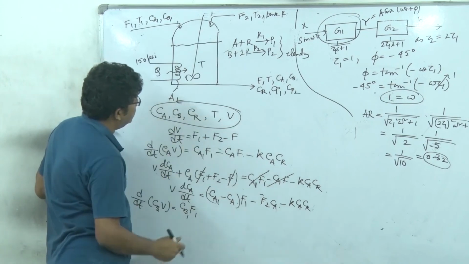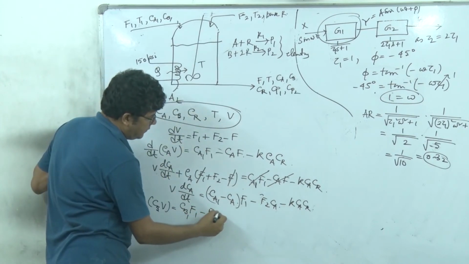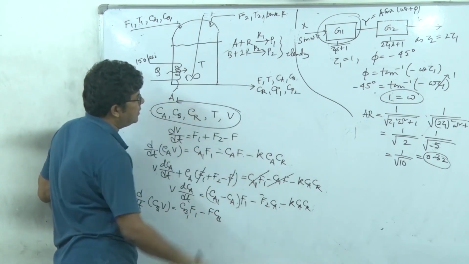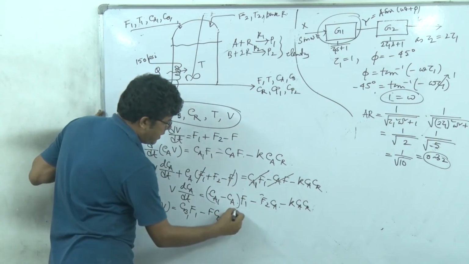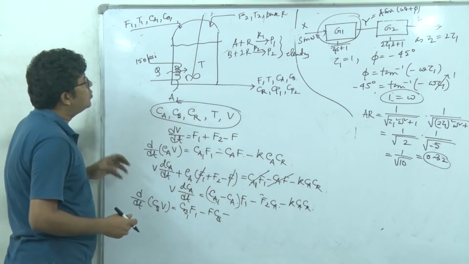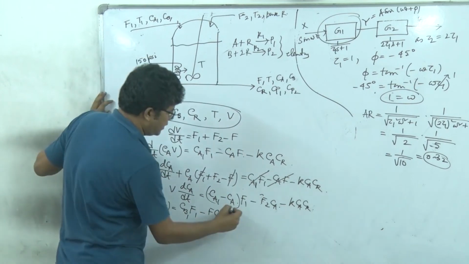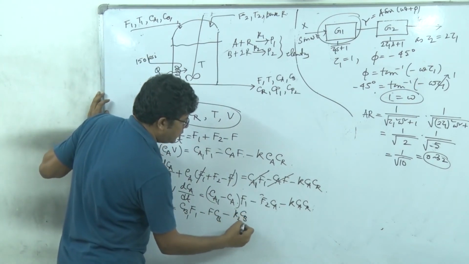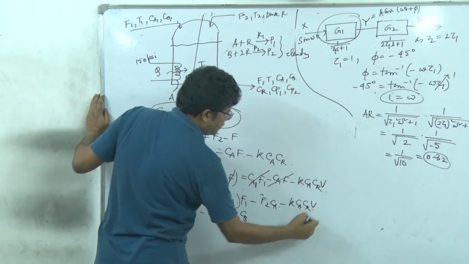So ddt of Cv into V, Cv1 into F1, right? And there is nothing, minus F into Cv, Cv moves out, then minus, there is one reaction, that is K2 into Cv, and here we will have V also.